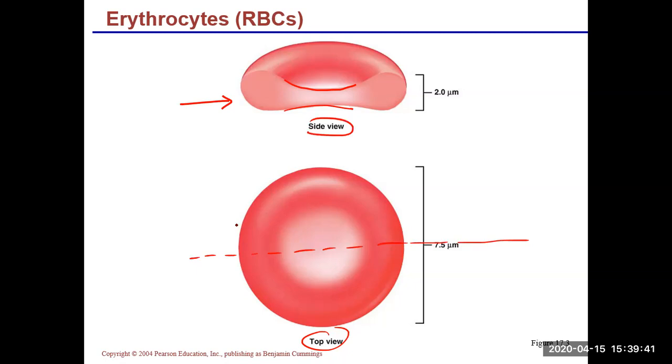So they are biconcave. They don't have any nucleus, no organelle whatsoever, but they do have a lot of hemoglobin. Hemoglobin is a protein molecule that is important in transfer of gases, that is oxygen and carbon dioxide.